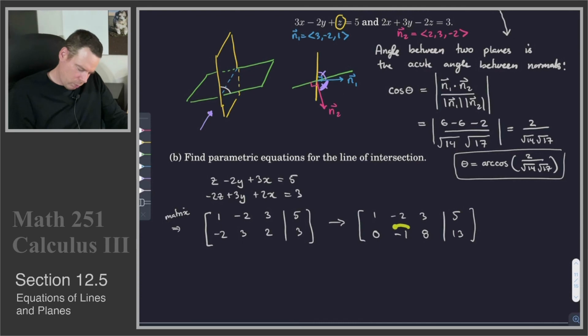And so now we will use this entry to wipe out the negative 2 by taking negative 2 times the second row and adding it to the first row. So we've got our second row, which will remain unchanged. Negative 2 times 0 plus 1 is 1. Negative 2 times negative 1 is 2, plus negative 2 is 0.